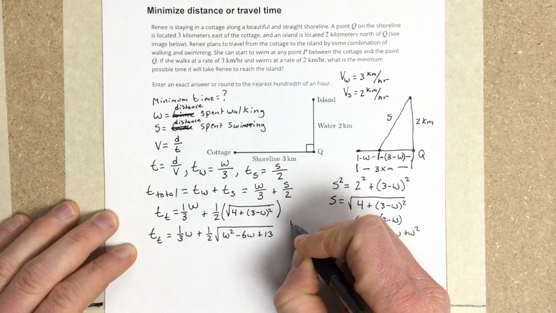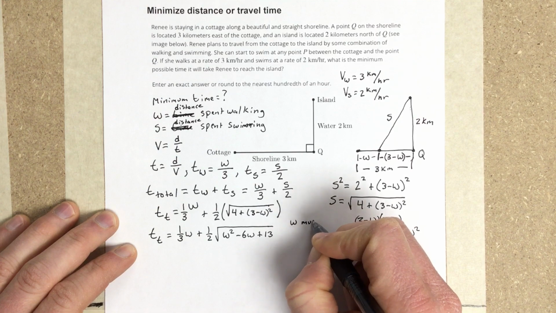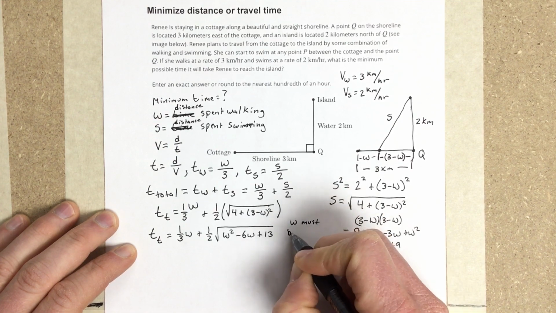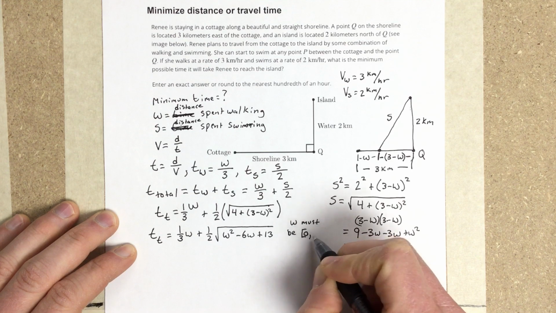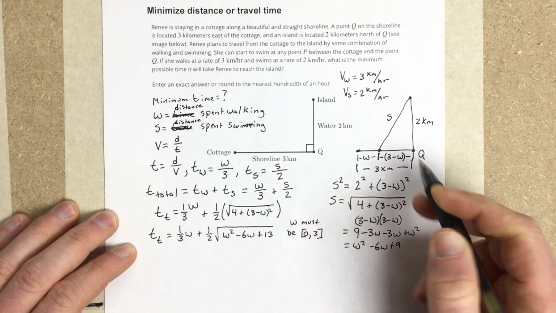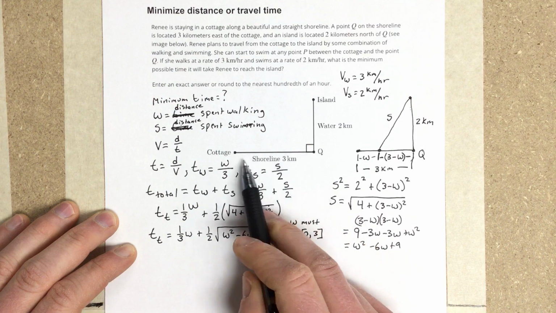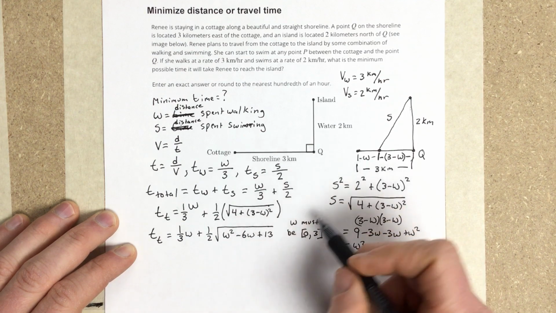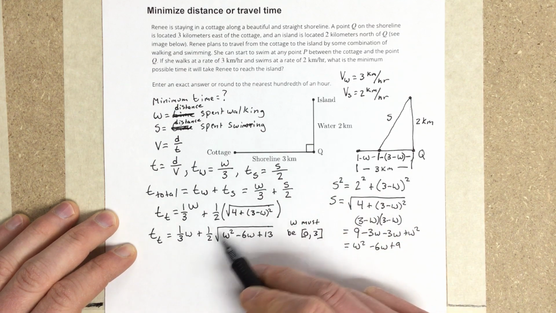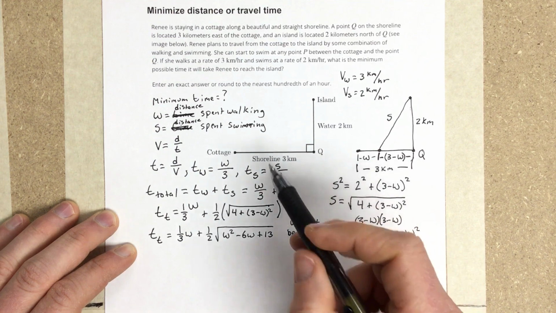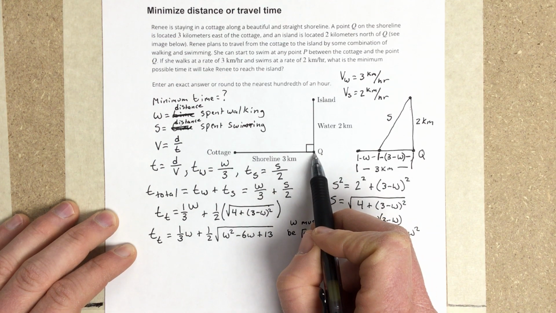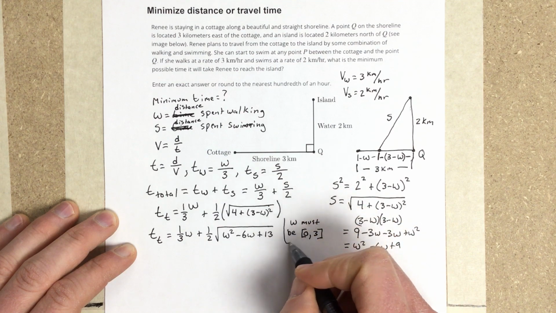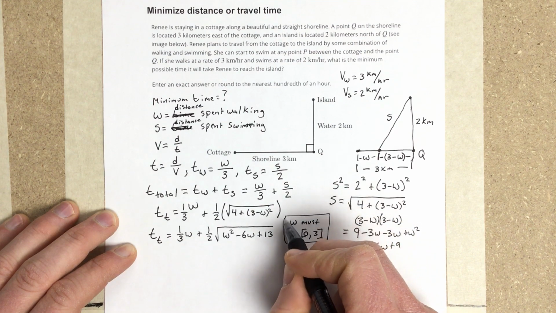So w must be, we're going to say, 0 to 3. And the reason we say 0 to 3 is the shoreline is only 3 kilometers long. So when we take the derivative and solve this, w is going to have to be between 0 and 3 kilometers. That's going to be our important piece that we're going to use when we go to solve this.